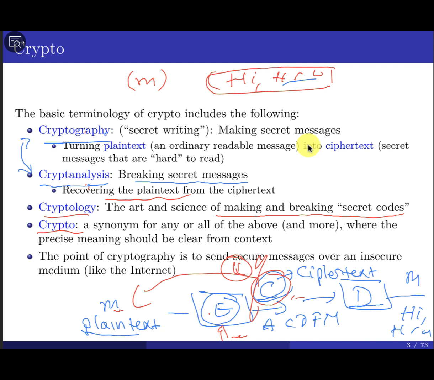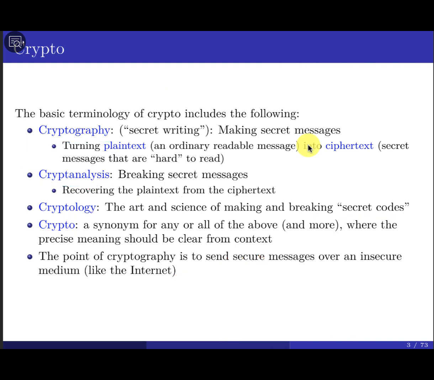So what's the point of having cryptography? Why do we need cryptography? Why do people think about cryptography in the first place? The most important thing is to find a way to have a secret, or send a secret message over an insecure medium. For example, A and B are communicating with each other, and this one I'm going to call an insecure medium. That means many people are sitting here waiting and can read whatever I'm going to send.